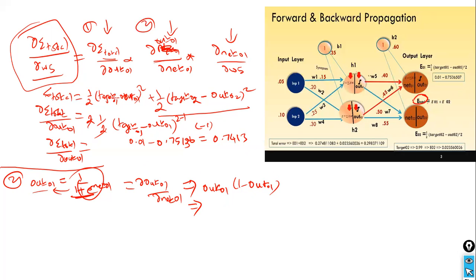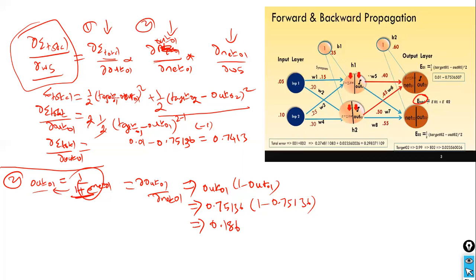Out O1 is your 0.75136, into 1 minus the same value, 0.75136, something like that. When you solve this, you will get something like 0.186, something like that. Okay, you get some value.